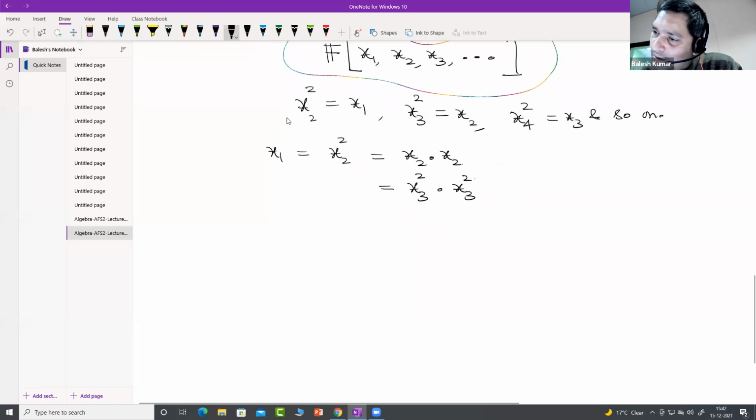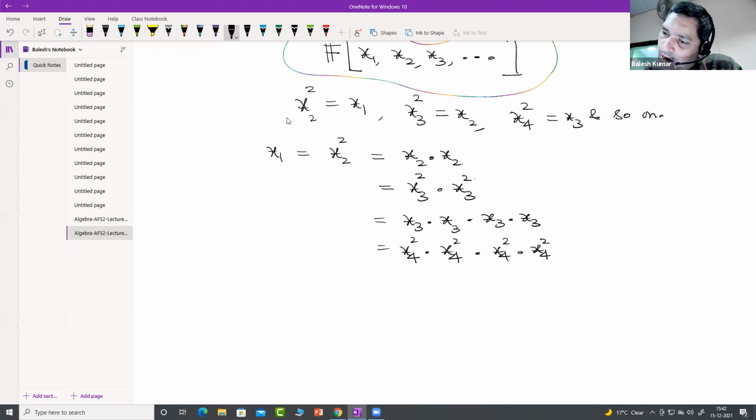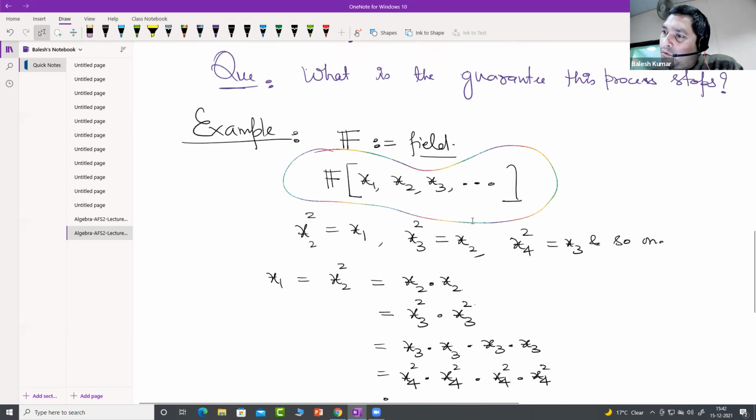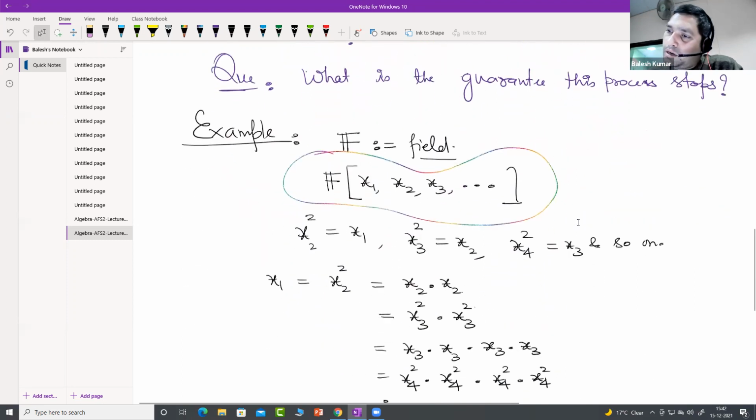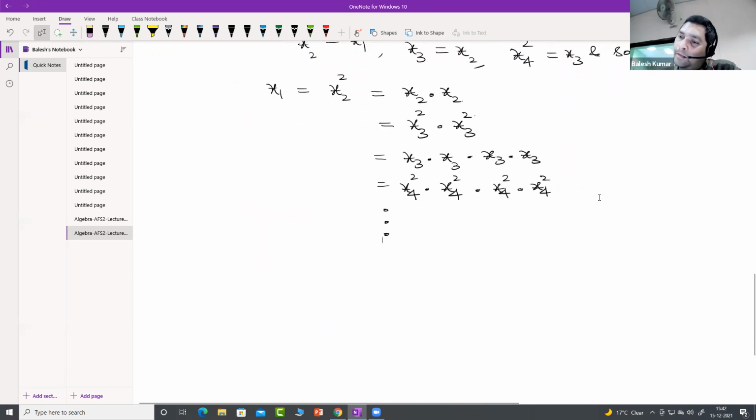Again, if we break x3, we write it as x3 times x3 times x3 times x3, and then x3 is written as x4 squared, and so on. You can see that this process will not stop at any stage. Therefore, in general, what we see from this example is that there is no guarantee that a general integral domain will have such a property.